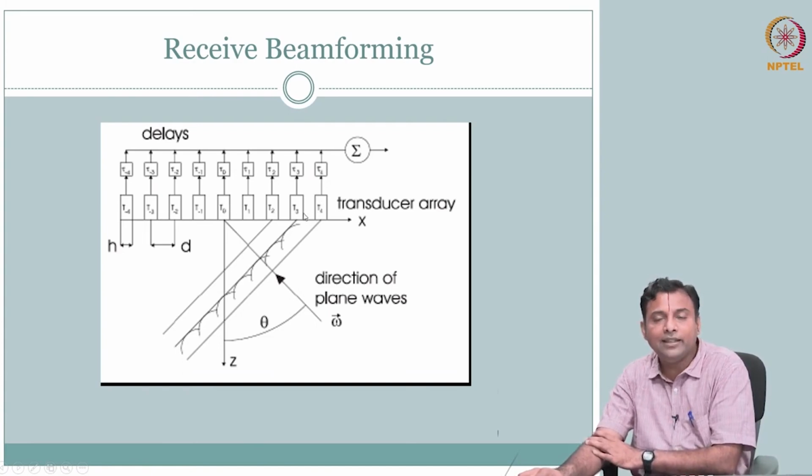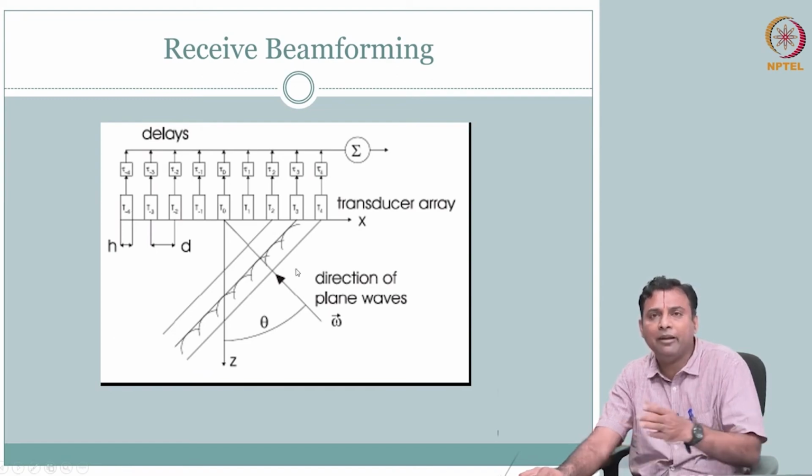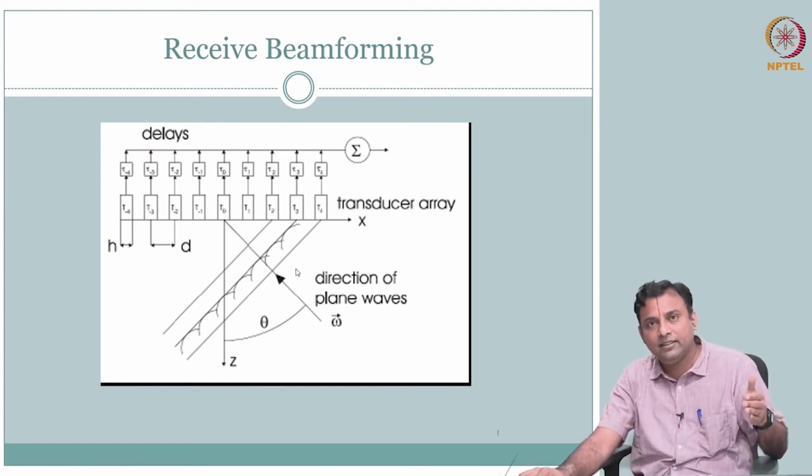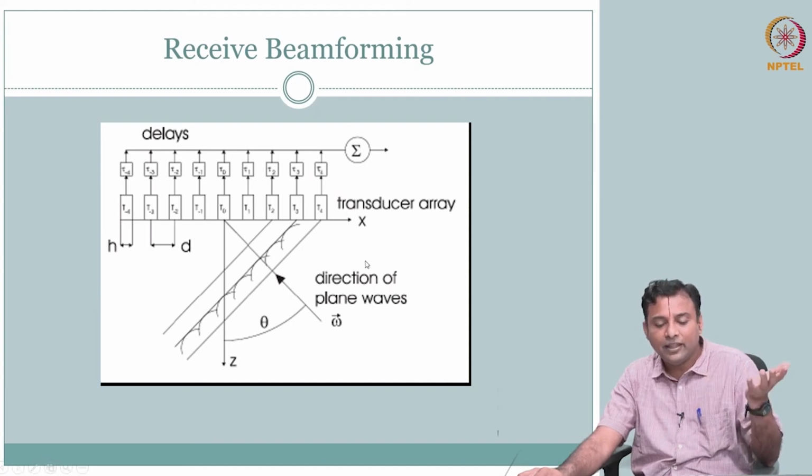Straightforward, apply the delay: the earlier one you got, you have to delay more until you get the last one, right. It is the inverse of the same profile that you got for transmit; the one delayed most there will have the least delay here. You can get your receive data.